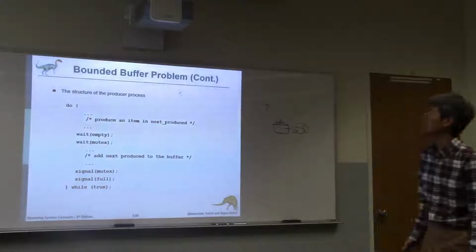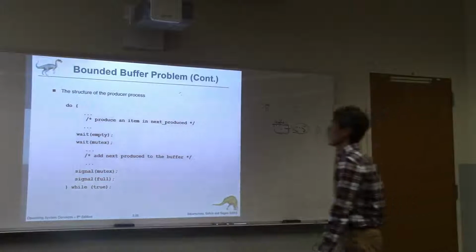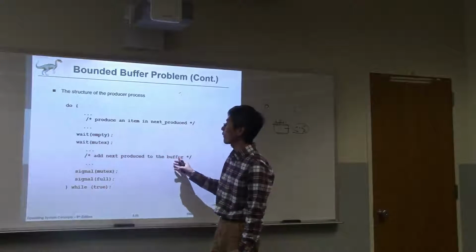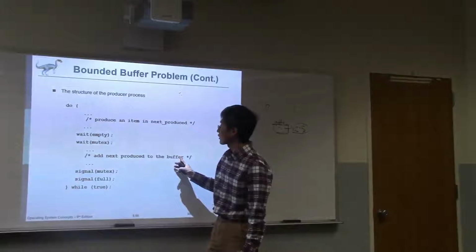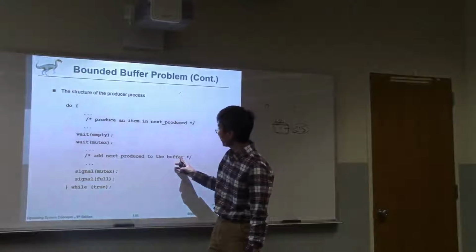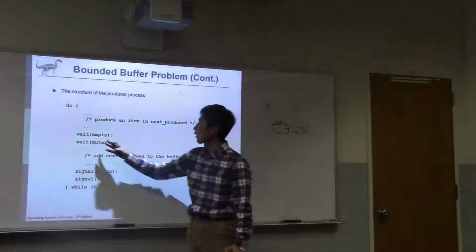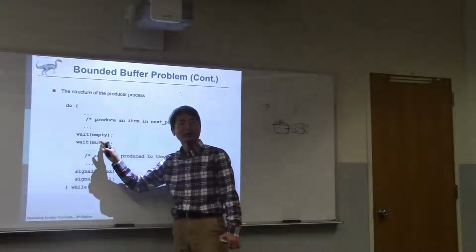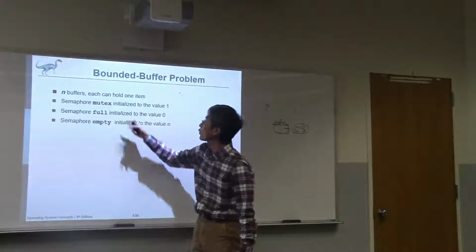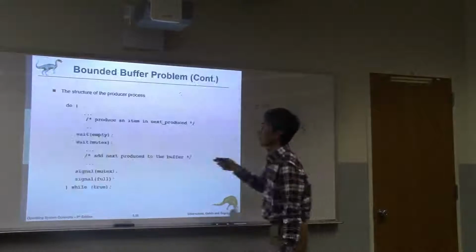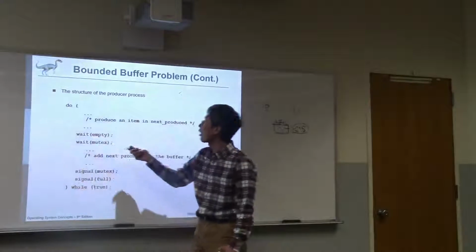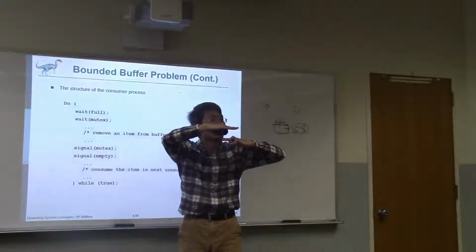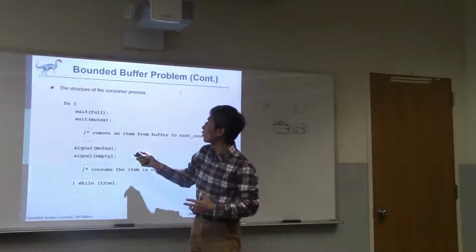So this is the producer. This is a critical section. Before accessing the buffer, we are going to get the lock of the empty, the lock of the mutex. This is the lock to access the critical section, and this is the lock to change the status of the buffer, because the producer will write the data.